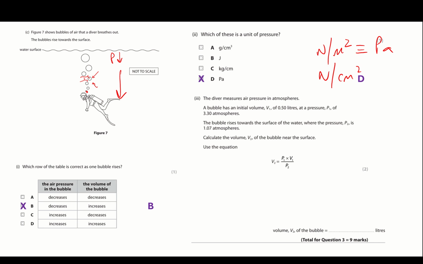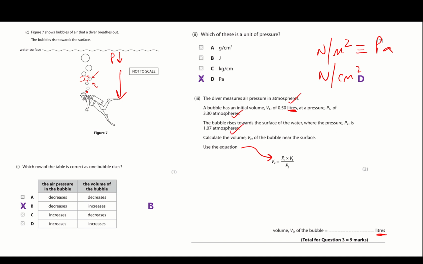The next one, it tells you exactly what to do. It says calculate the volume V2, use that equation. So you don't even need to use your brain, you just got to put everything in. That's in litres. We're just going to check all the units. Litres, perfect. 3.3 atmospheres, yeah, that's fine. Atmospheres, perfect.